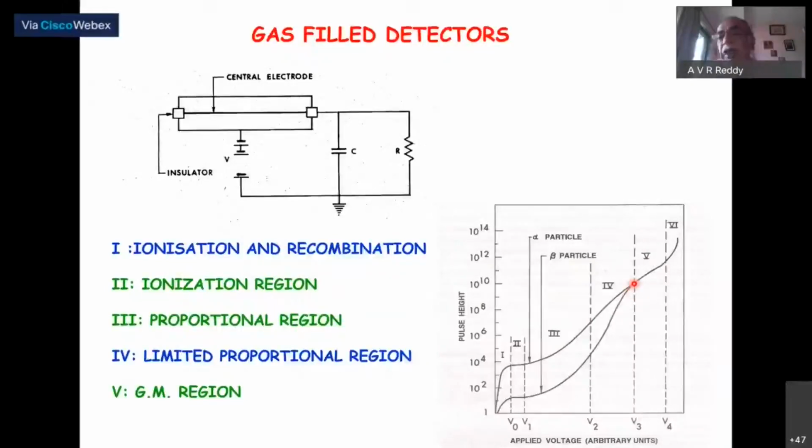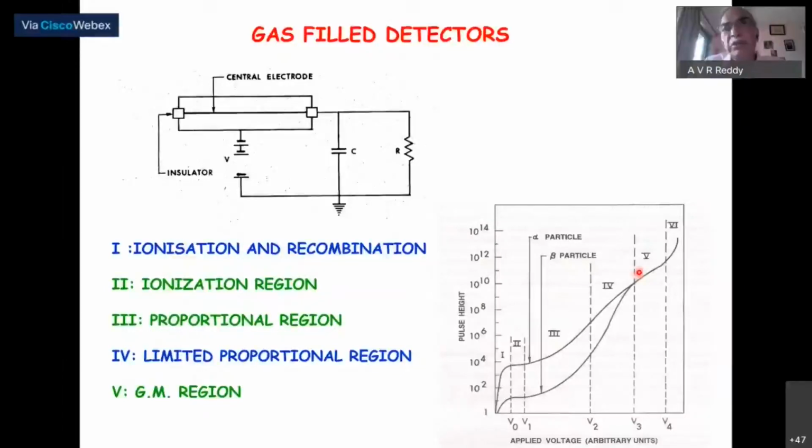Whereas between V3 and V4, at a given voltage, the number of ions produced is constant irrespective of how many initial ions are produced. Therefore, here the information on the extent of energy initially deposited is lost. Subsequently, the type of radiation is also lost.